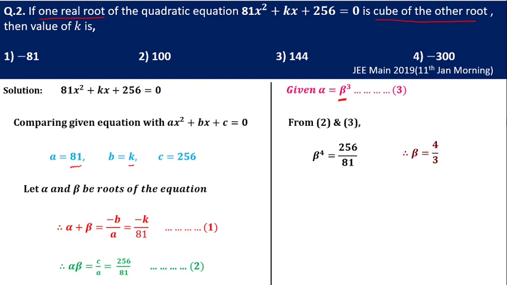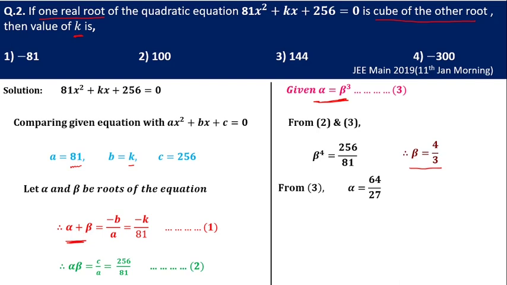Now what if I put this value of beta in equation number 3? I can write the value of alpha, and alpha is 64 upon 27. Now, they have not asked us alpha or beta. They have asked us the value of k. To get the value of k, these alpha and beta values you can substitute in equation number 1.